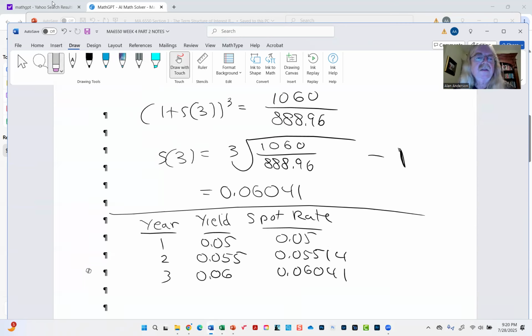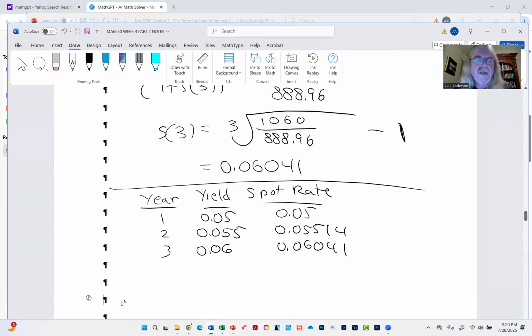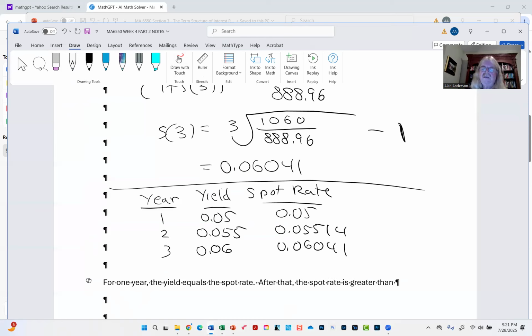All right, now what I'd like you to notice here is that initially they're equal to each other. For 1 year, the yield equals the spot rate. After that, the spot rate is greater than the yield, and the spread between them is increasing.